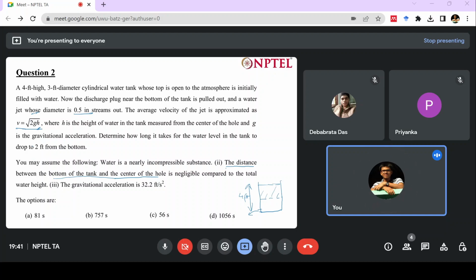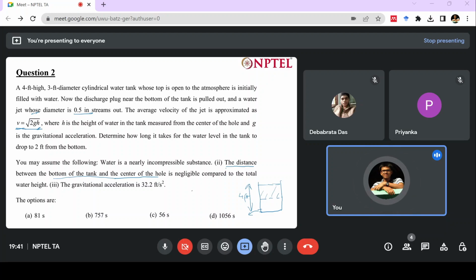So this velocity will vary. How do we find this velocity, establishing a relationship between it and the height? The way we can do this is using the continuity equation, or conservation of mass equation.